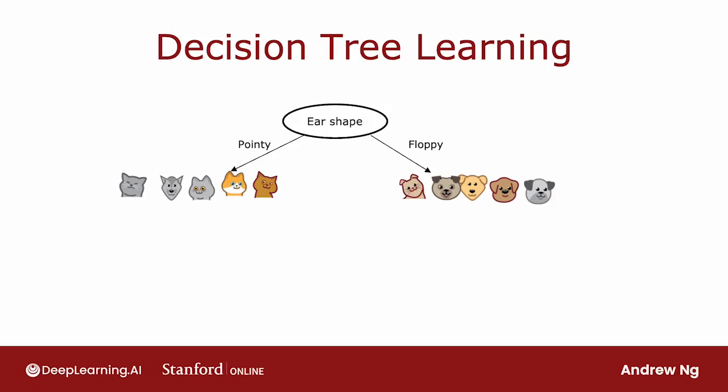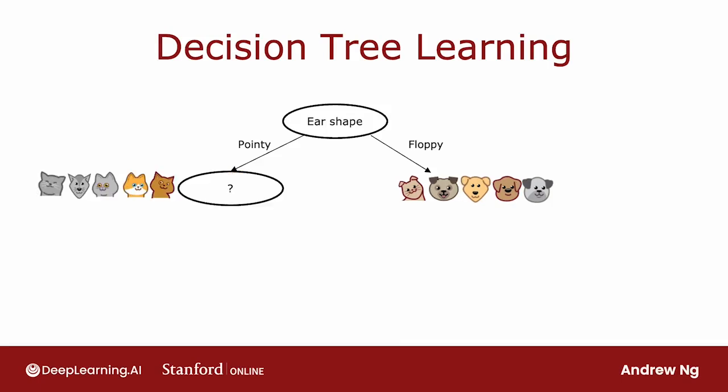The second step is focusing just on the left part, or sometimes called the left branch of the decision tree, to decide what node to put over there. And in particular, what feature do we want to split on, or what feature do we want to use next? Via an algorithm that, again, we'll talk about later this week, let's say you decide to use the face shape feature there.